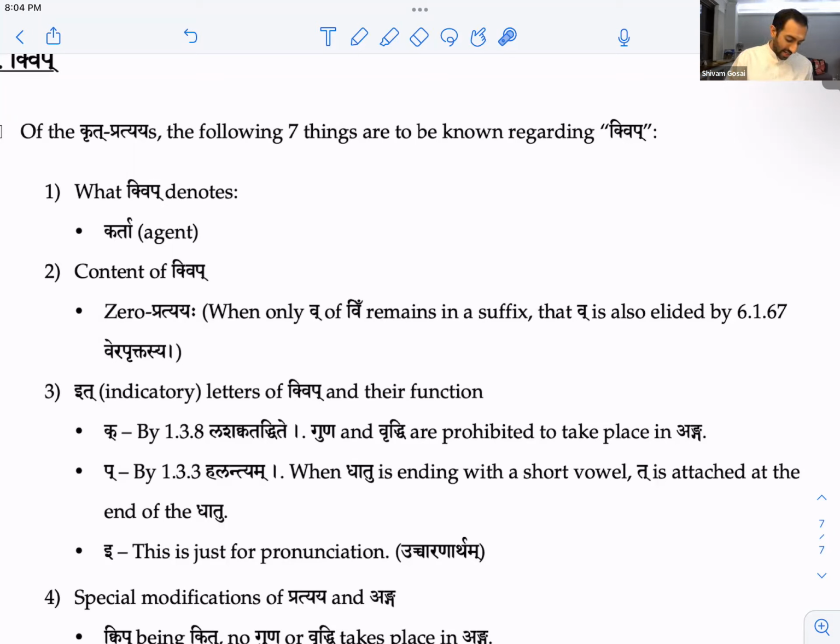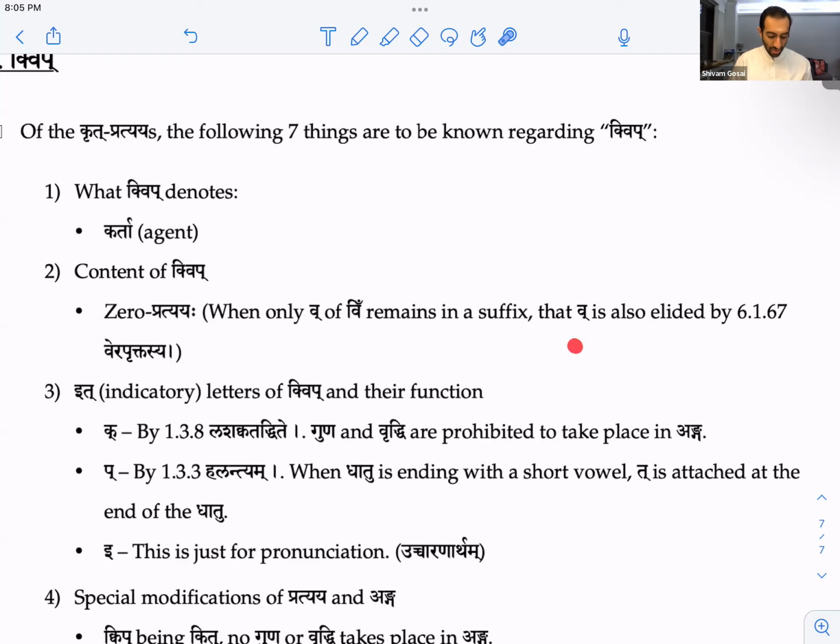Kvip is a zero pratyaya denoting the karta. So it's kartari, meaning it's the doer, the ER. It's zero, meaning that all the letters which are there go away. Technically, V remains, or the vakara remains. Everything else is it letter, ka, pa, i.